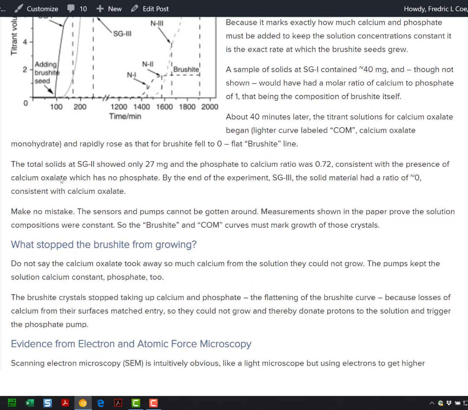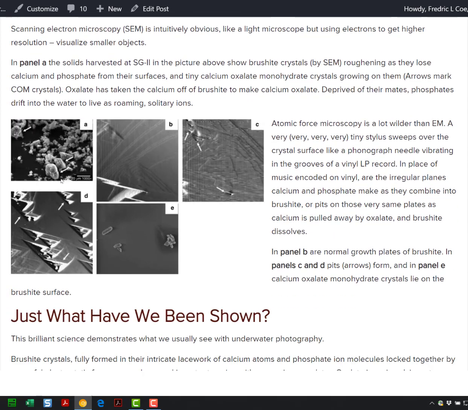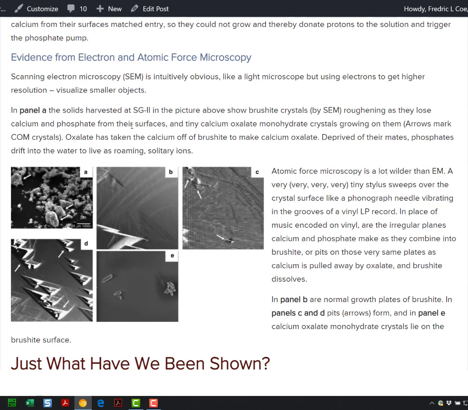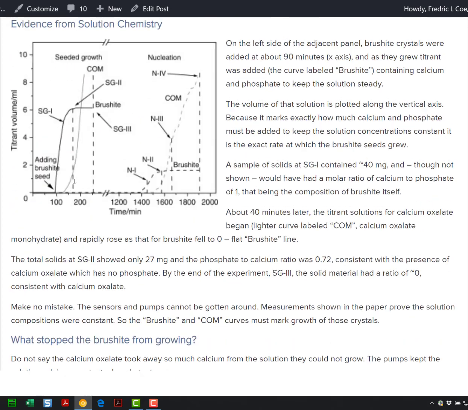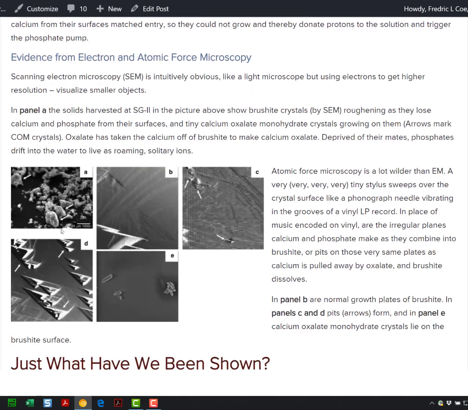Wow. So who says you unmade it? Well, this is what things look like. This is a transmission electron microscope image of the solution. This is the brushite crystals, and the panel A is the SG2. That's where things were kind of part way along. The brushite was not growing anymore.